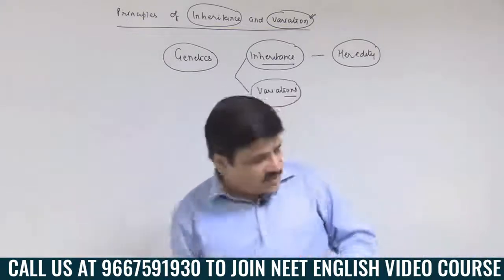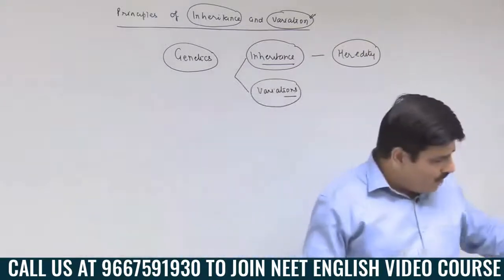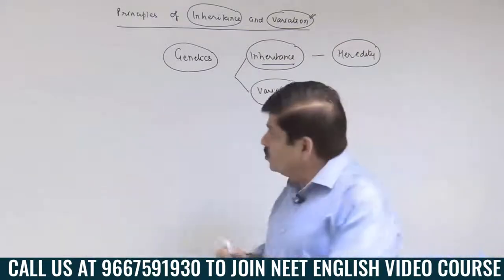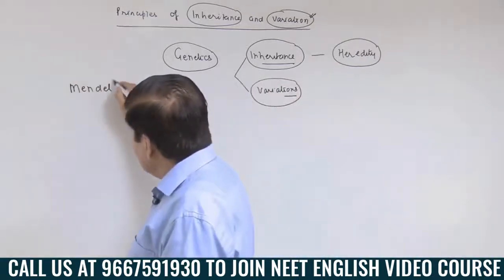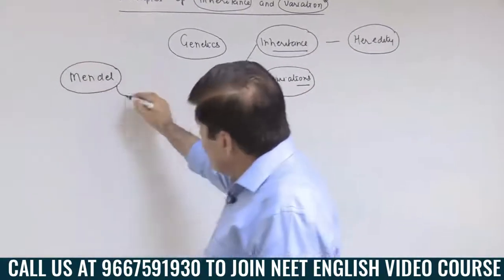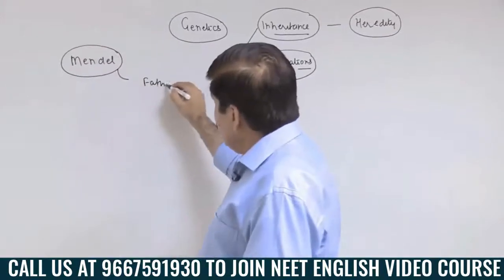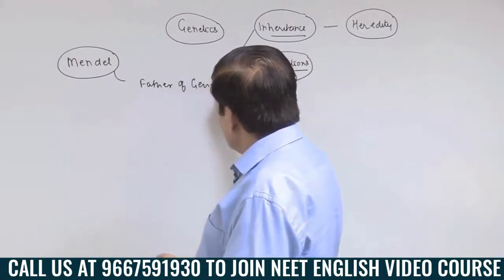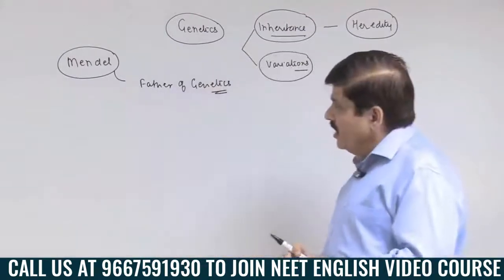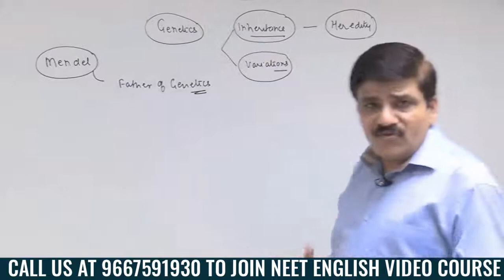So this is the person. Now he worked on a plant. Let me write the name of the father of genetics. So we are looking at Mendel, and we are calling him father of genetics. I told you that this person was an Austrian monk, and we are talking of the 19th century.